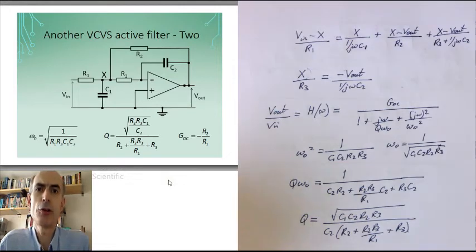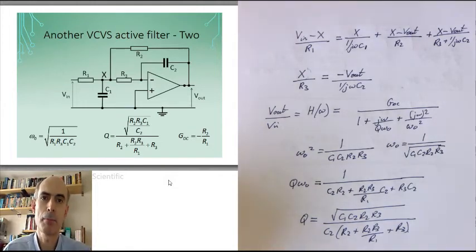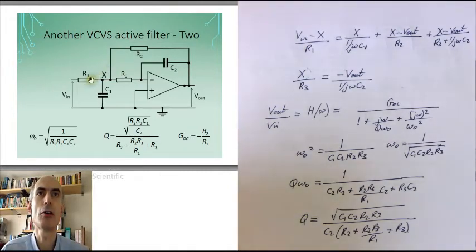And this does allow you to set the Q factor and the resonant frequency and the gain at low frequencies independently. If you want to have a gain of 0 dBs, or minus 1 in this case, since it's an inverting amplifier, at low frequencies, then you just need to set R1 and R2 to have the same value. Now, while it is possible to set these three parameters independently, it's perhaps not immediately obvious how to do that.